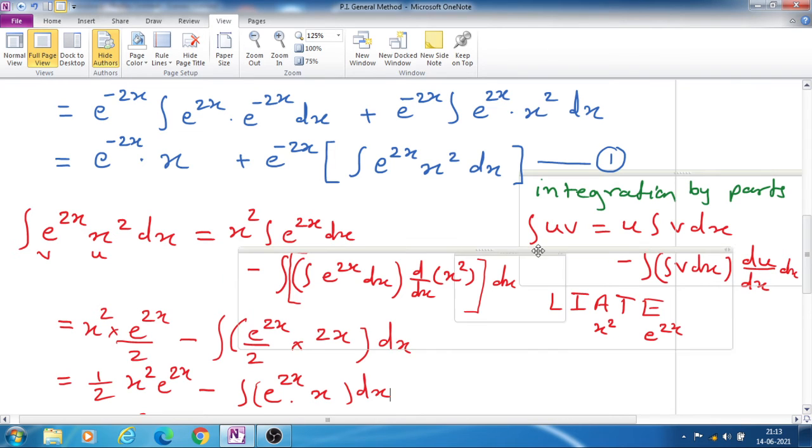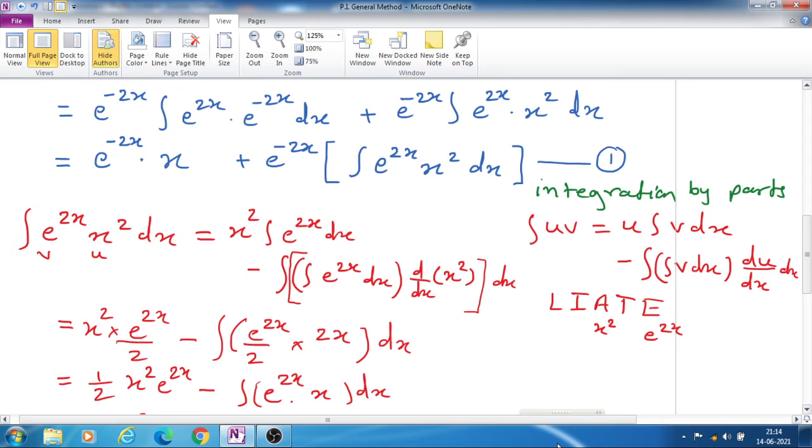Now to use this formula integral u into v, we have to choose u and v. You have studied this in 12th standard, so remember that. The rule for choosing u and v is LIATE. L means logarithmic, I means inverse, A means algebraic, T means trigonometric, and E means exponential. Here we have e raised to 2x and x square.